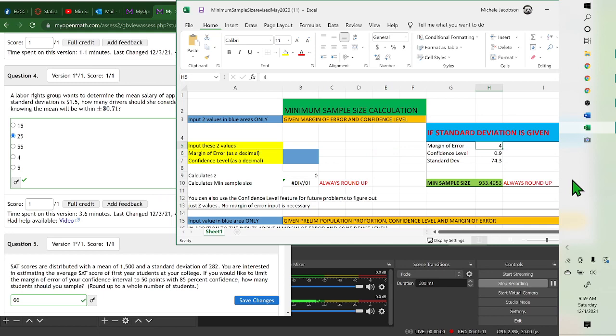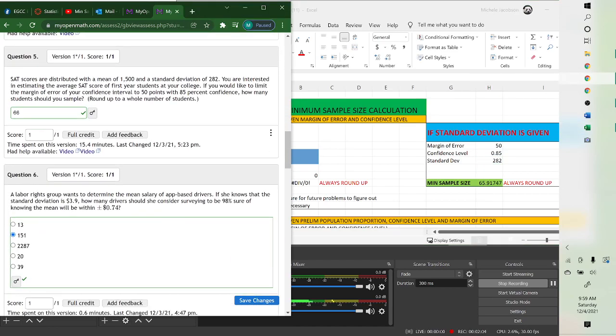And this one, margin of error is 50. Confidence interval 0.85. And standard deviation 282. And then always rounding up, 66.